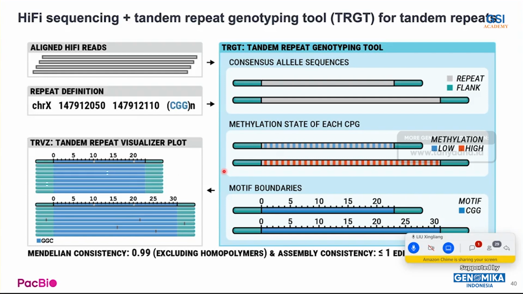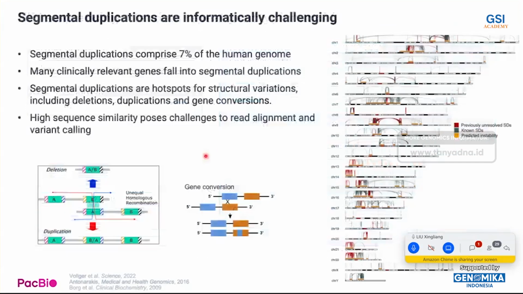That way you can look at the 5mC methylation along with the tandem repeats you profiled. In the visualization plot, you can decompose the tandem repeat information into allele-specific ones, utilizing our HiFi long read sequencing technology.